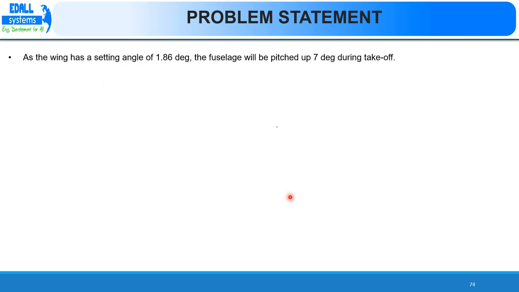Wing has wing setting angle of 1.86 degree. The fuselage is pitched to 7 degree during takeoff. Fuselage takeoff angle of attack equals wing takeoff angle of attack minus wing incidence, that is 8.88 minus 1.86, which equals 7.02.